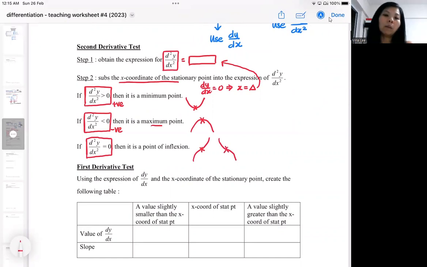In the case where it is a point of inflection, usually you need to tell the shape by doing the first derivative test. The first derivative test can actually tell the shape. Later on, I will show why it can tell the shape.